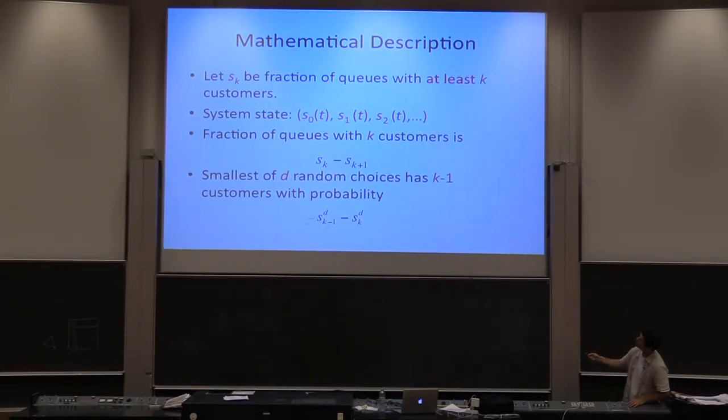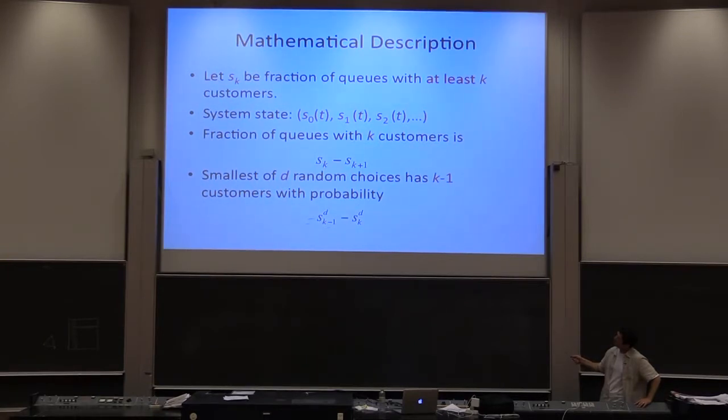The fraction of queues with k customers is s_k minus s_{k+1}, because we're dealing with tails. And customers from queues with k customers are going to leave at a rate of essentially 1 per unit time, right? So it's this fraction times 1 per unit time is the amount leaving.